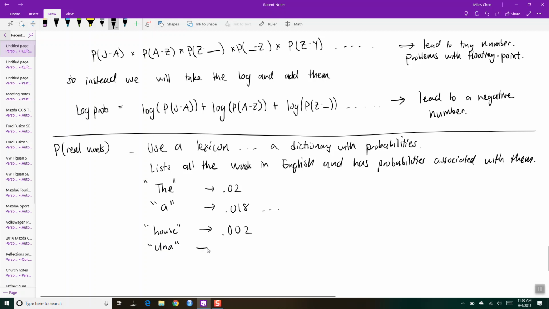That's probably going to be like 0.0000004 or something like that. Or maybe not that low, but much smaller.